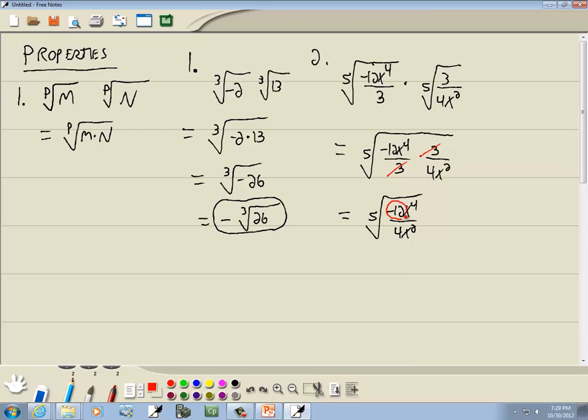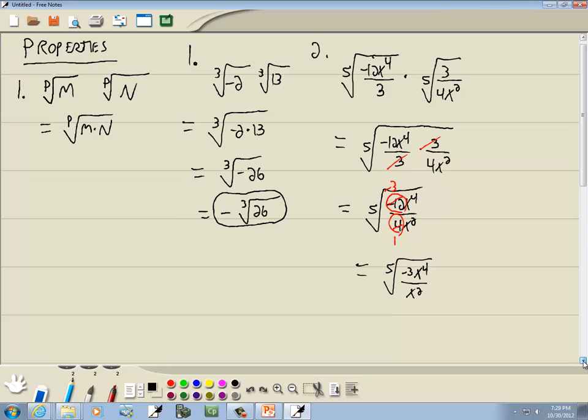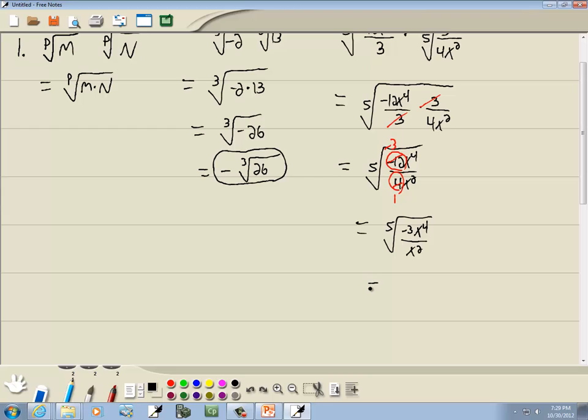Well, we've got -12 here, we got 4 here, they're both divisible by 4. 4 divided by 4 is 1. -12 divided by 4 is -3. So we've got the fifth root of -3 x to the fourth over x squared. Now remember, if you have x to a power over x to a power, you subtract the smaller exponent from the larger one. 4 minus 2 gives us 2, and we put x to that power where the larger one was, which was on top.